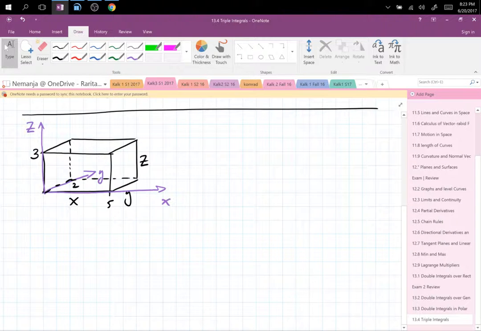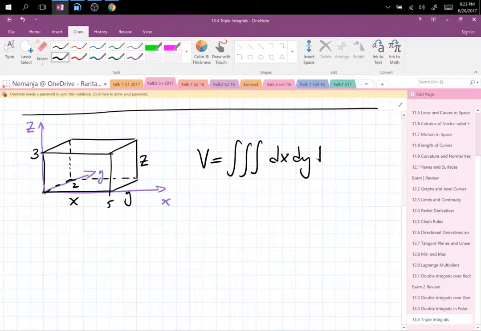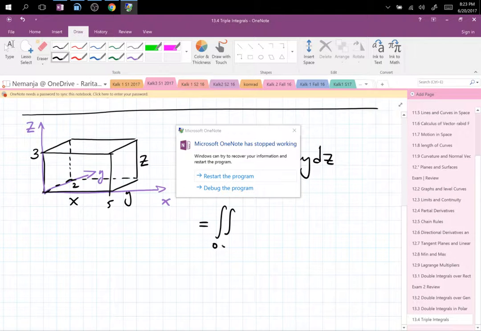So to find the volume of this box, I simply stack up 3 integrals and put these in any order that I want to, and say the inner integral is x, x goes from 0 to 5, the middle integral is y, y goes from 0 to 2, and the outer integral is z, z goes from 0 to 3. I call this vanilla because it's just plain and easy and simple.